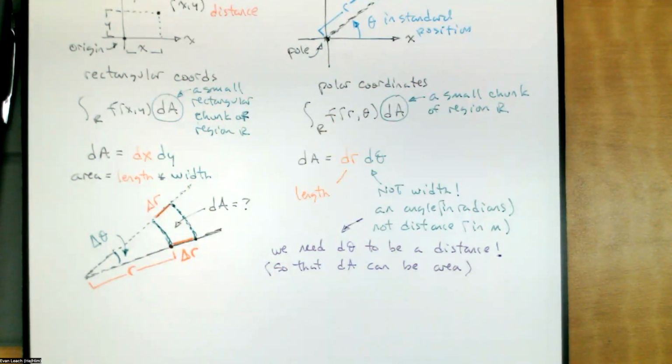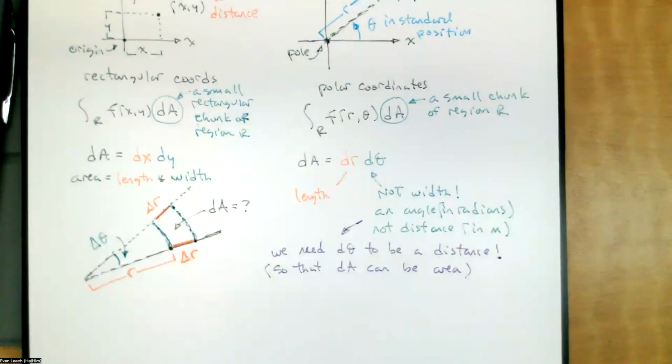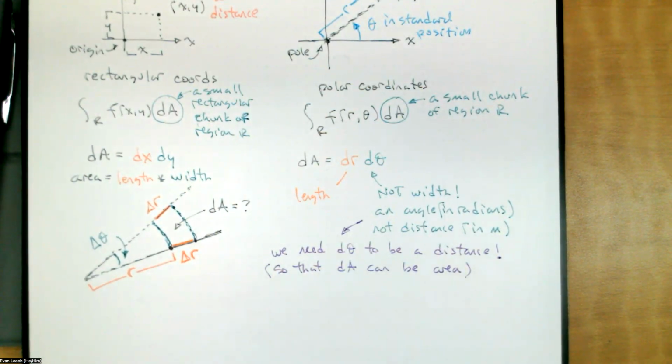So here is a picture of the rectangle, or the little dA chunk that I want of my region capital R. So first thing we're going to do is notice that it's not exactly a rectangle. If you thought, are we going to treat it like a rectangle, then you are correct. We're absolutely going to treat it like a rectangle. Even though this side is curvy, this side is curvy, and this outer side is longer than the inner side, right? It's not a rectangle. But if we make delta r small enough and we make delta theta small enough, it'll be close to a rectangle.